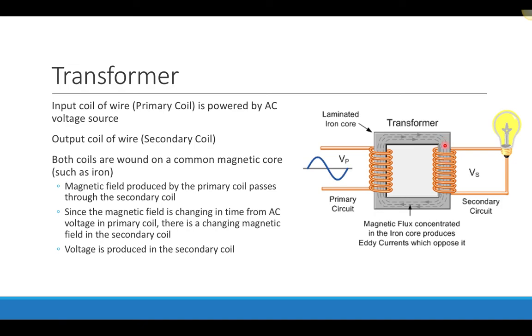And of course, a changing magnetic field through that secondary coil causes a voltage to be induced, and that voltage can light the light bulb. So this is how a basic transformer works. You have to have alternating voltage in the primary coil in order to get a changing magnetic field through the secondary coil. Both of the coils are wound around the same common magnetic core, like iron.